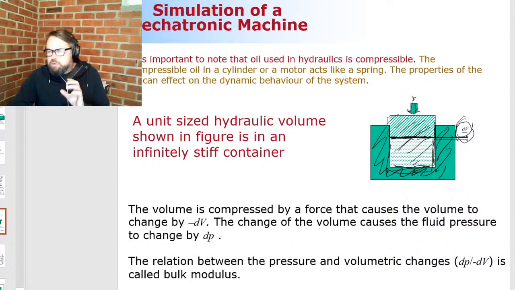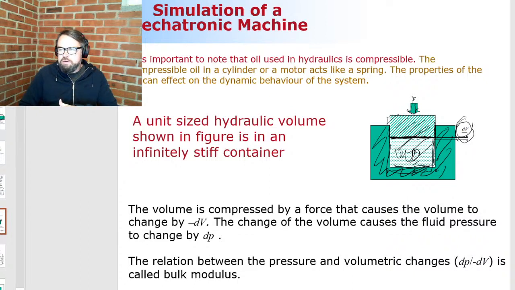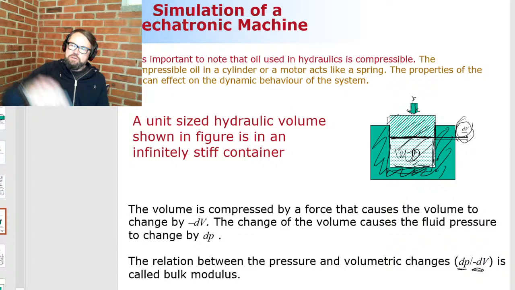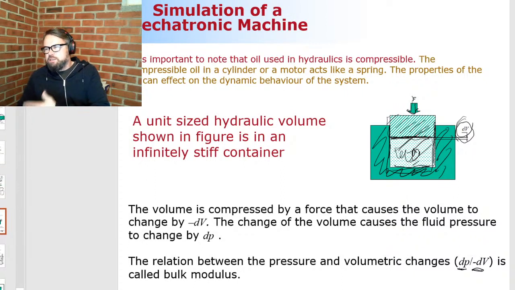It's compressing. What happens simultaneously is that the pressure will increase. So the pressure inside started to increase while the volume gets smaller. The bulk modulus is all about the ratio between the pressure change and the volume change. Again, pressure increases, volume decreases. This ratio is called the bulk modulus.